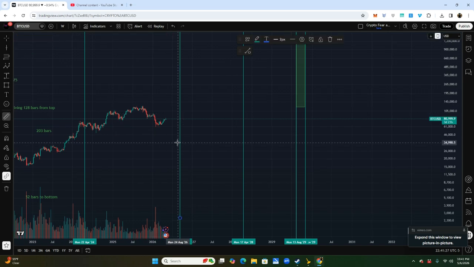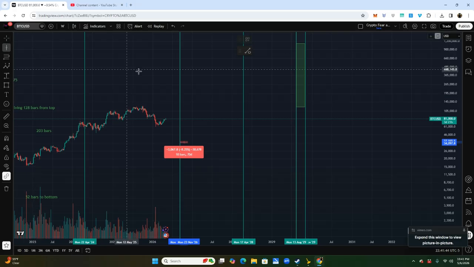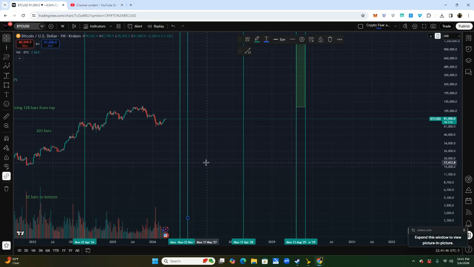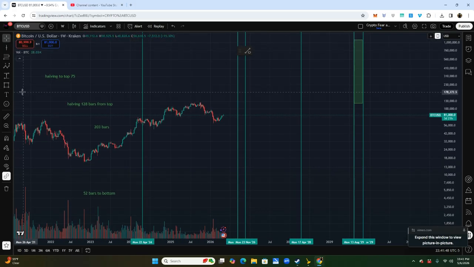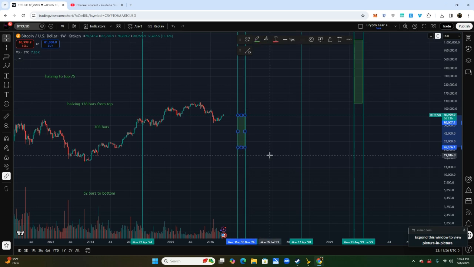Okay, and then 10 more bars from there would be November, 23 of November. Okay, boom. Right, so Bitcoin should bottom somewhere within this zone and time frame.